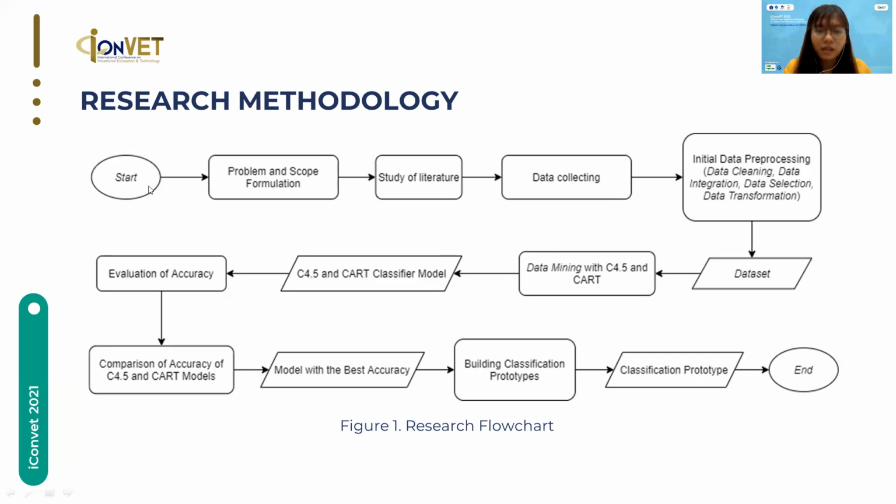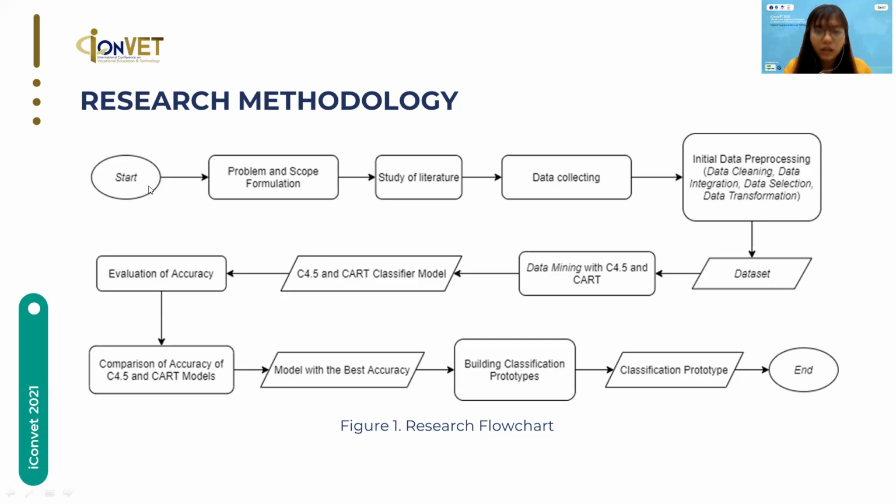The next stage is data collection. The collected data is used as the candidate features and the initial data processing is carried out. This stage will produce an alumni dataset that will be used in the research. After that, the data mining process is carried out by utilizing the C4.5 and CART algorithms to build a classification model.